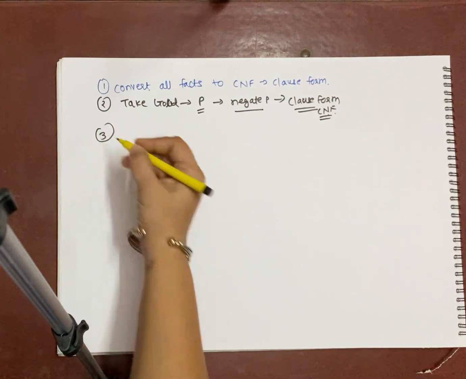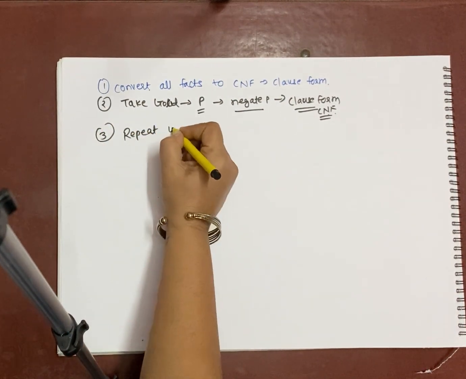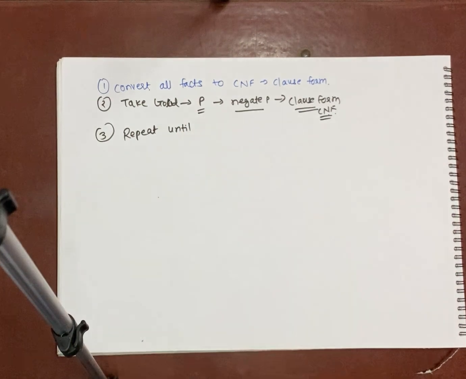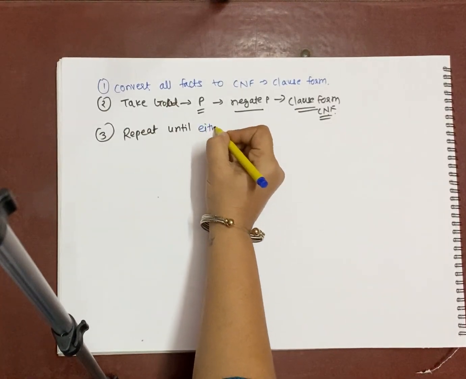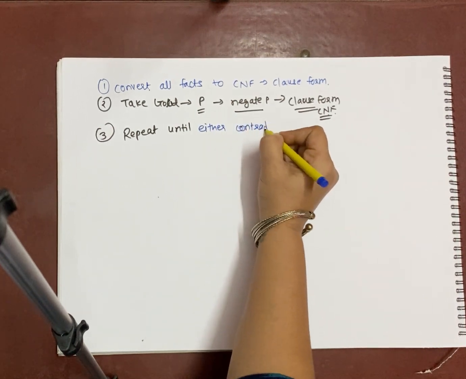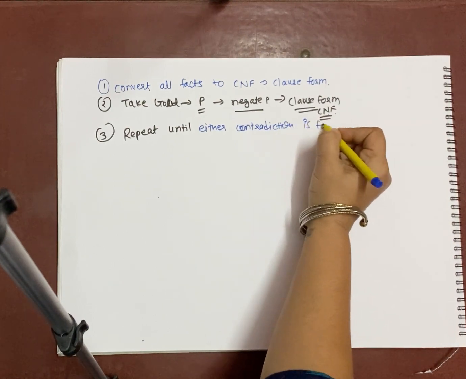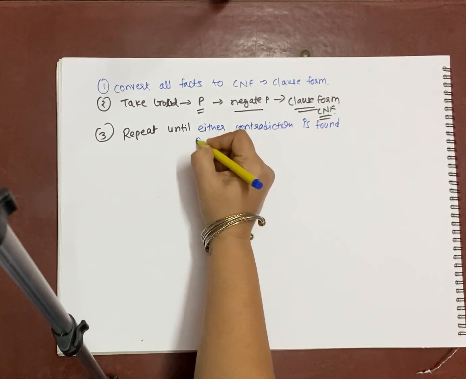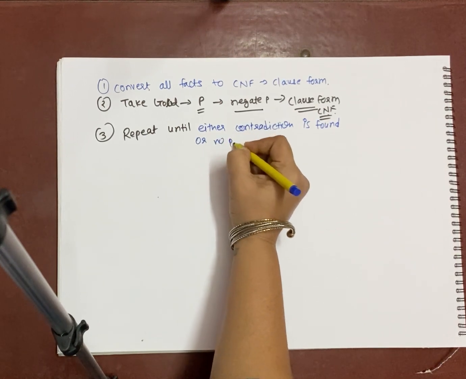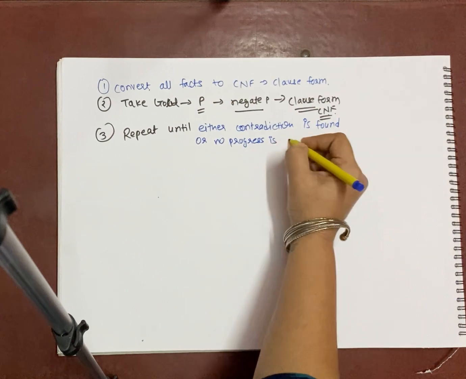Then what you have to do? Then you have to apply the loop, that is, repeat until either a contradiction is found or no progress is possible.